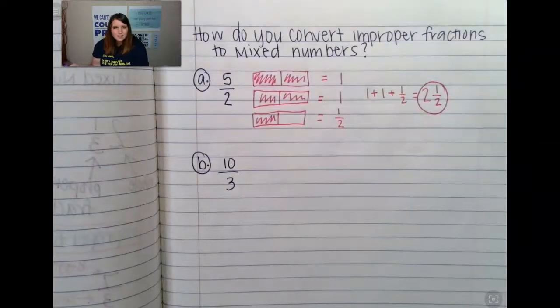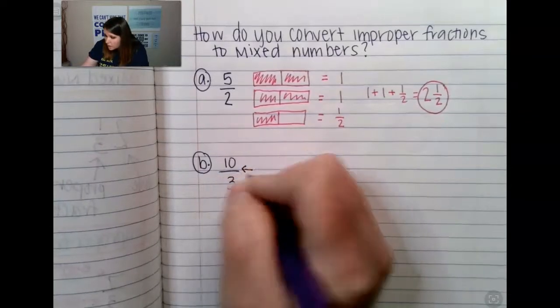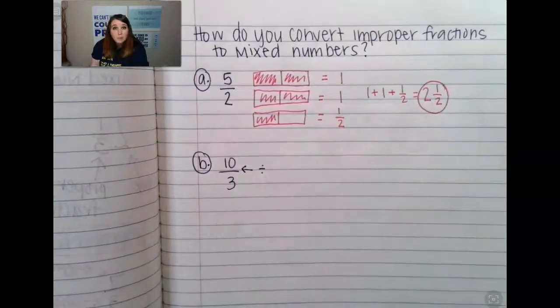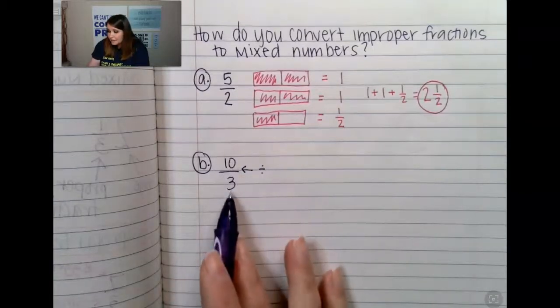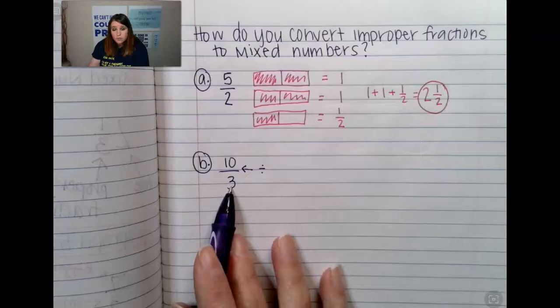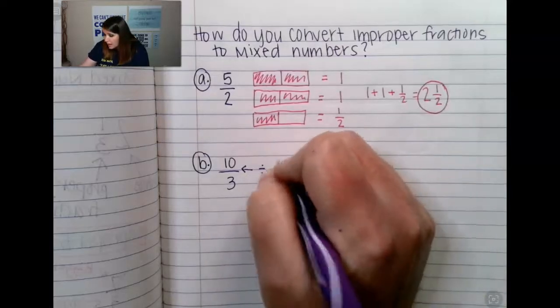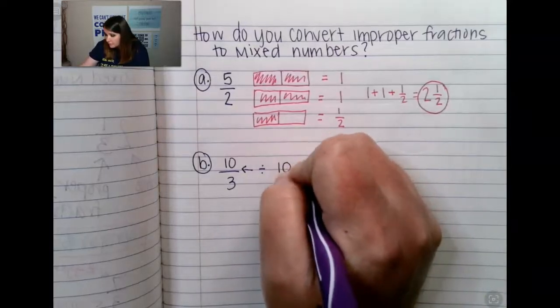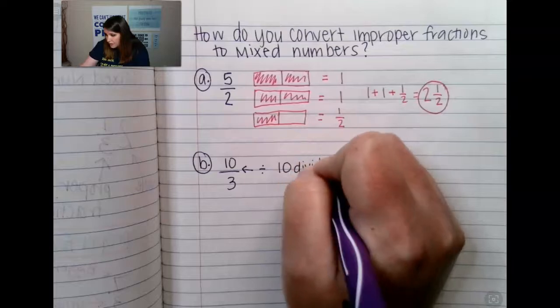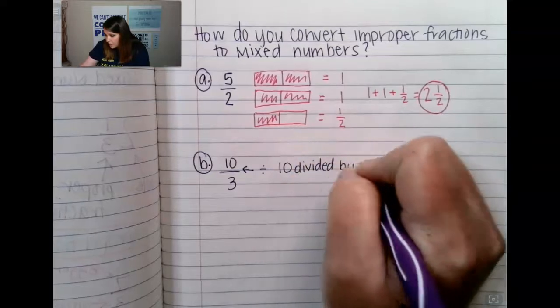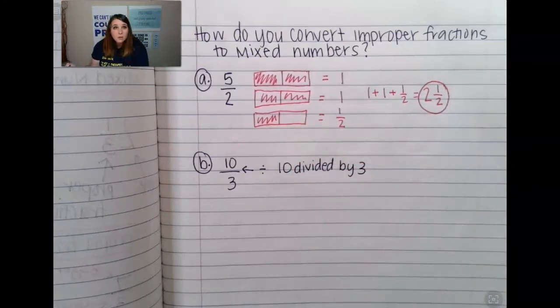So what else could I do? Well, I remember that this line right here also means divided by. So this really means 10 divided by 3.